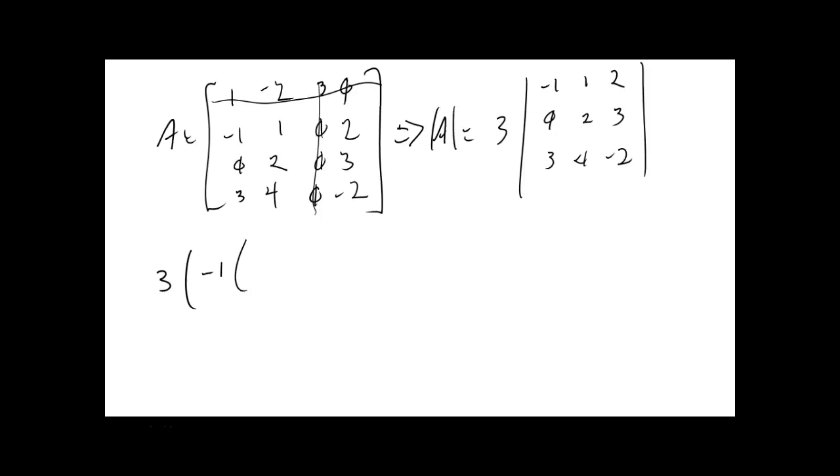Negative 4 minus 12 would be negative 16. Okay. Next. 0. Not going to mess with that one. Next. Plus 3. That's a positive position. I'll do a plus 3, and then I'll do the, basically the minor, but I don't think about it being the minor. What would that be?